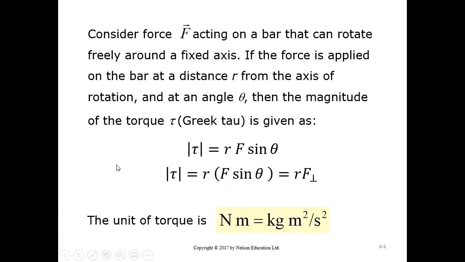Consider a force F acting on a bar that can rotate freely around a fixed axis. If the force is applied on the bar at a distance r from the axis of rotation, where it is free to rotate, and at an angle theta, let me draw a picture for that.